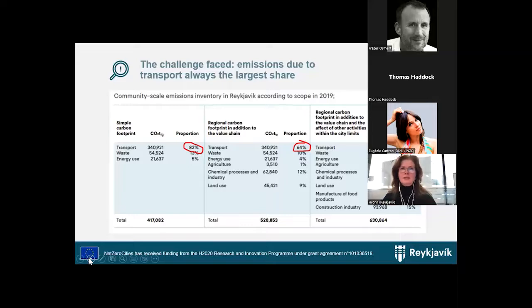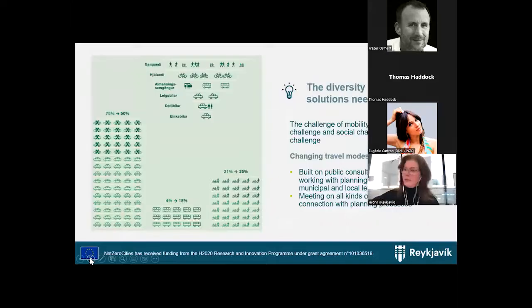So you see that this is the largest proportion of emissions that are due to transport, and that is, of course, a complicated and diverse set of actions that needs to be taken. Next slide, please.